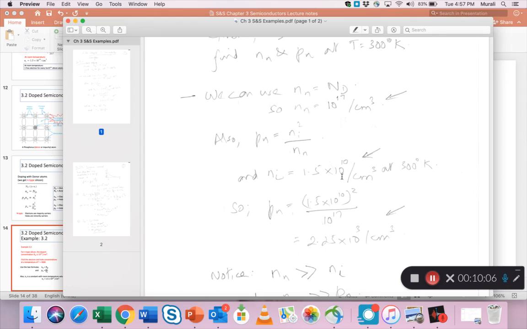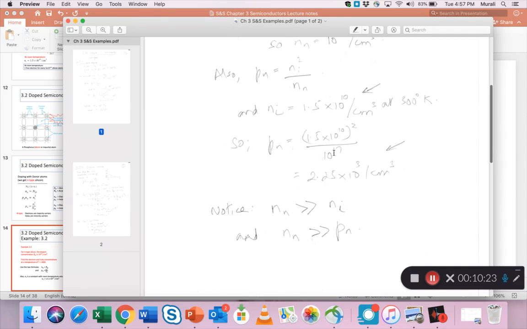Remember, every time you add a 1 to the exponent when you're raising it to 10, you're actually multiplying it by 10 times. So 10 times, 10 times, 10 times, all the way to 7 is a significantly large number, right? So that is how much bigger the doped n-type electron density is compared to the intrinsic or undoped.